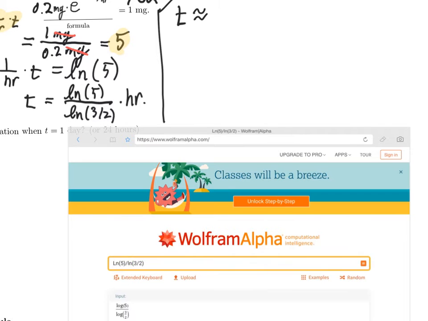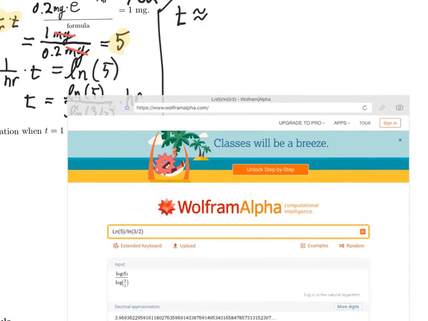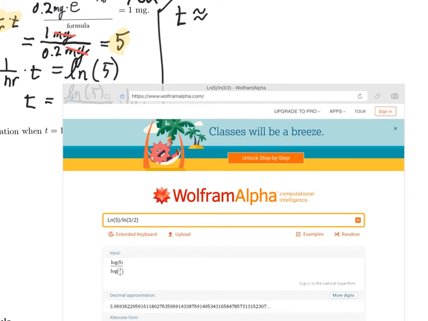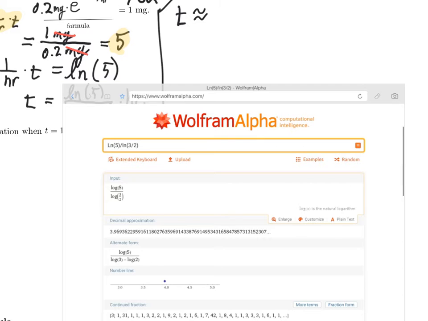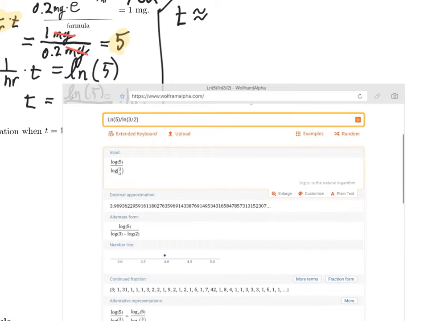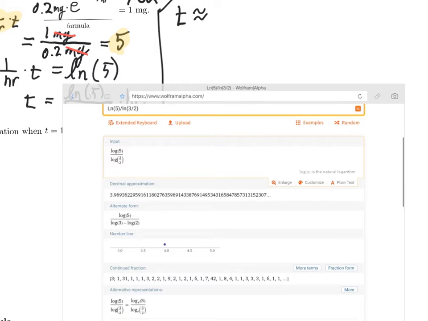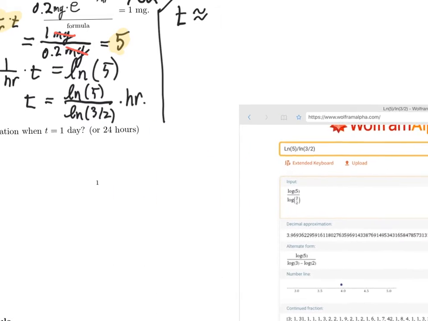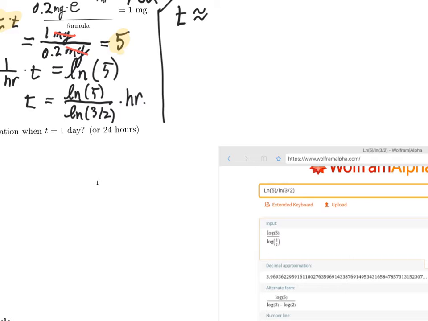All right, and there we go. The natural log of 5 divided by the natural log of 3 over 2. Oh, I wanted it to scroll inside of the window. There we go. And that is somewhere around 3.97 hours. Very nice.